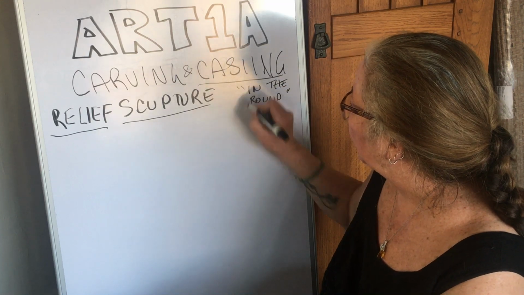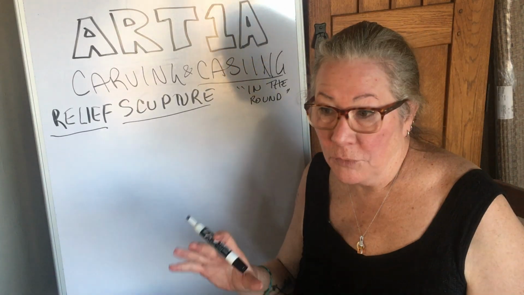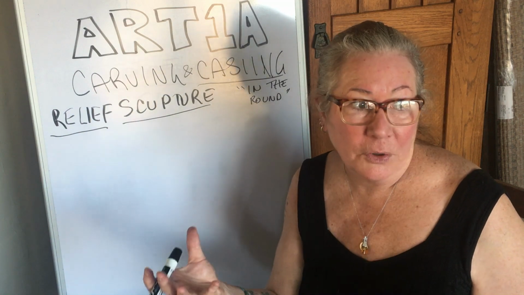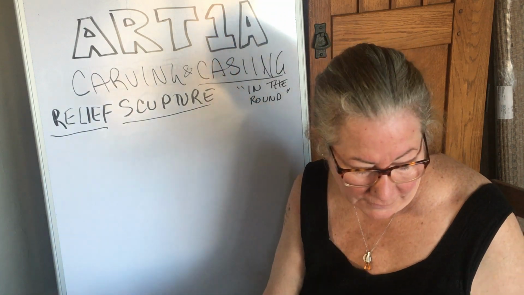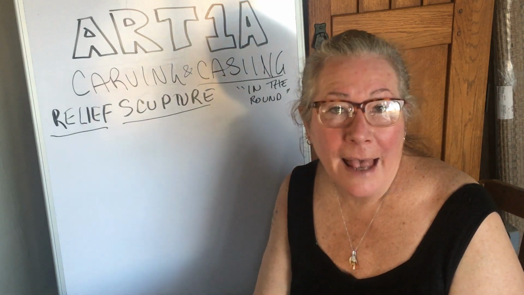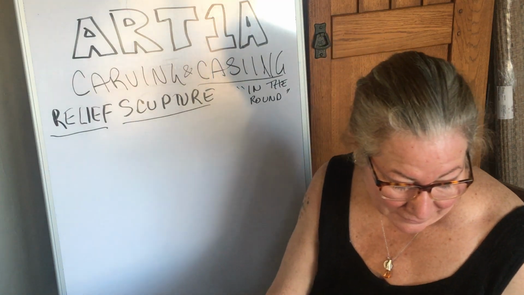So that is a regular sculpture. In the round means that you can actually walk around it. It's sculpted on all sides. It looks like a three-dimensional thing. It has three dimensions. It exists, has mass and takes up space in three dimensions, okay?